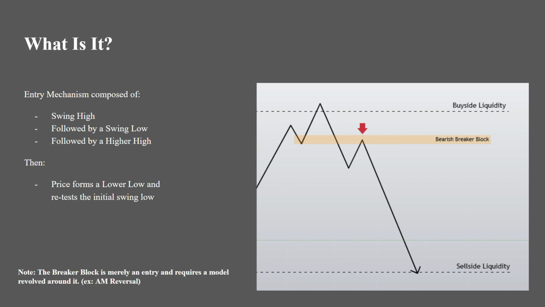So you get a higher high, higher low, higher high, and then a lower low, forming that breaker block, and then it retests that initial swing low for an optimal entry in context towards the drawn liquidity.